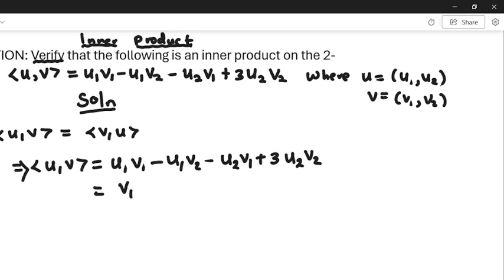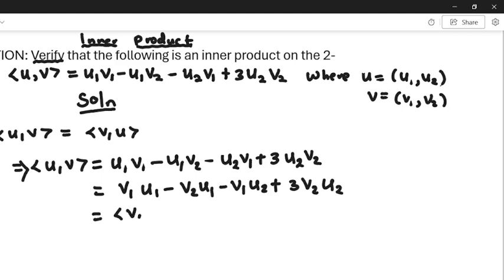So we start with v1 u1, we're just using the definition, minus v2 u1 minus v1 u2 plus 3 v2 u2, which by definition becomes <v, u>.